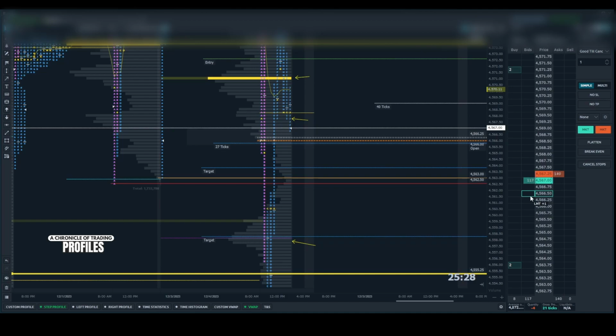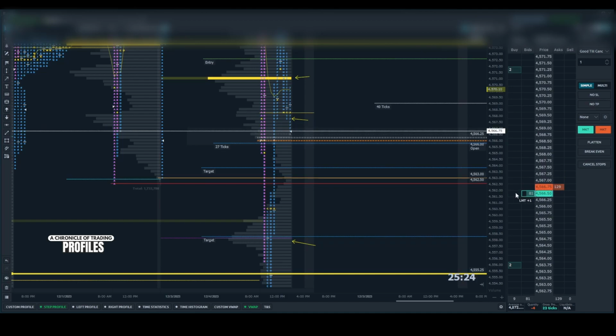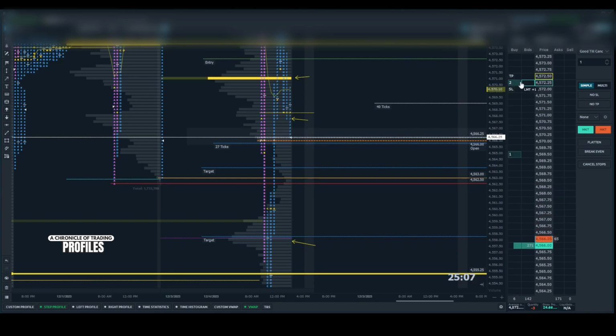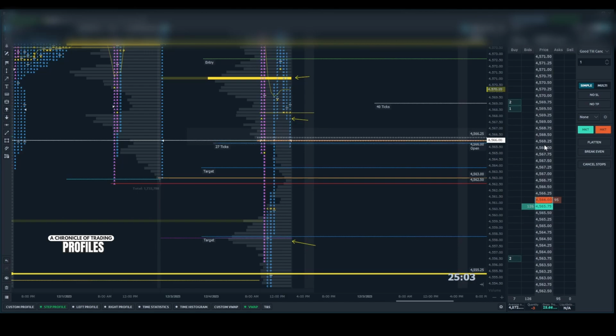Thinking about taking one right here at halfback. I don't want that to snap back on me. There, we're through the halfback.